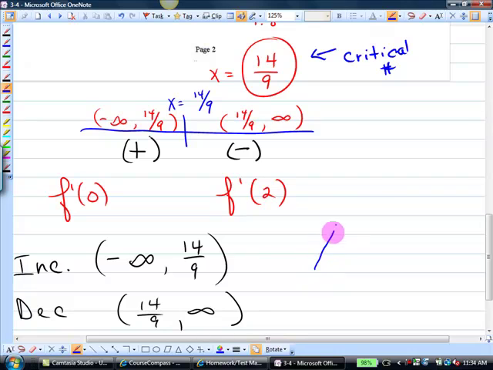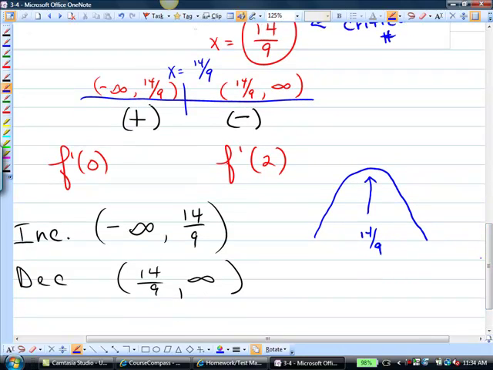What's that point? A max. It is the vertex of that curve. But it's a max. And you want to think about that. It's increasing, then decreasing. So that critical number is at a max. Does that make sense? As much as it can make at this point?